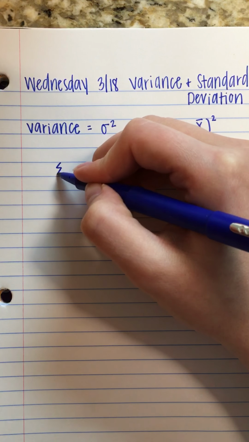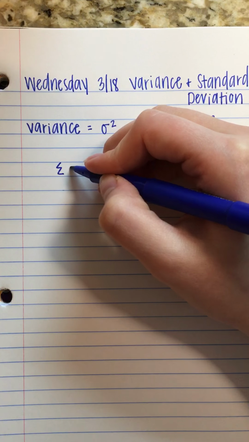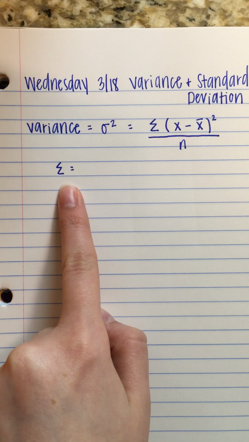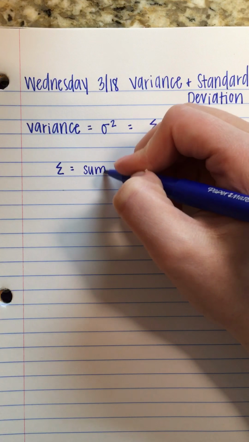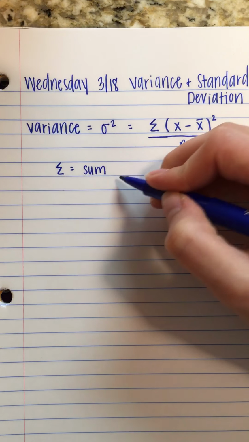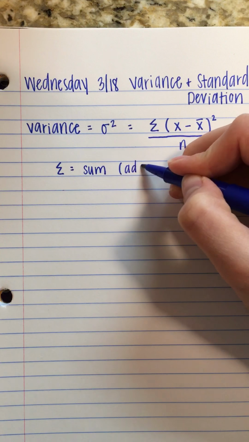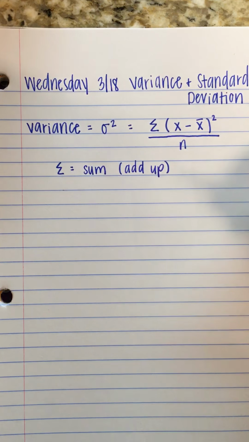So the first thing you may not be familiar with is this Greek letter sigma. It actually just means to sum. So when we talk about sum, we're talking about adding up.